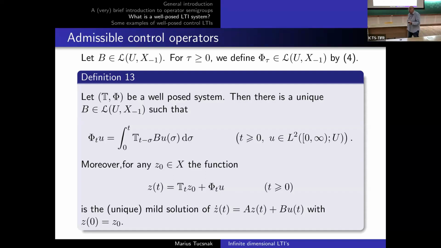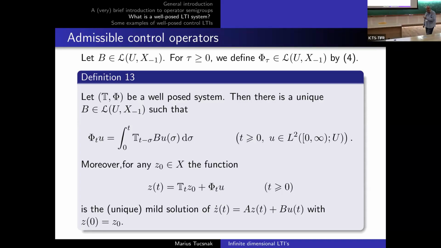And that's how I introduce the concept of admissible control operator. I say that B from U to X minus 1 is admissible if this quantity, which a priori lies in X minus 1, takes values in X. The quantity which I integrate here, for almost every sigma, lies in X minus 1, but the nice thing which happens with admissible control operators is that when I integrate, I go to the more regular space, capital X.